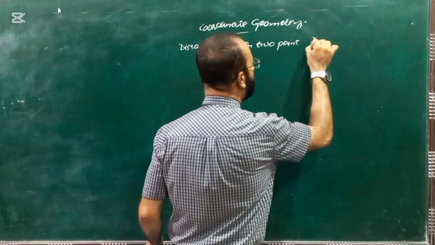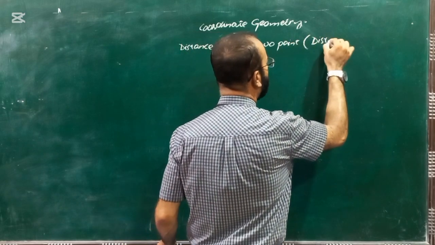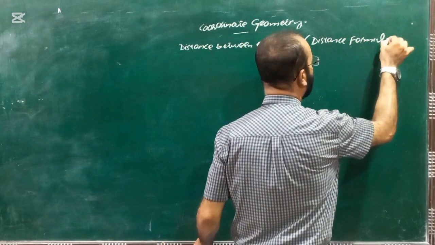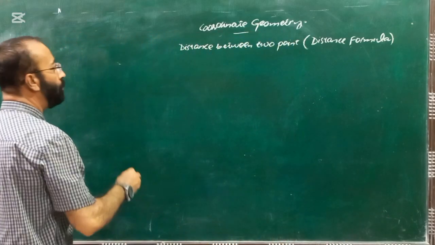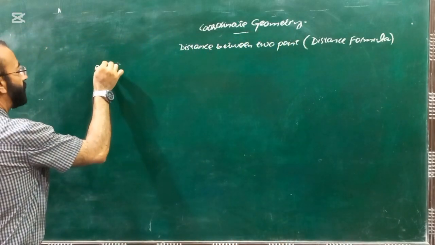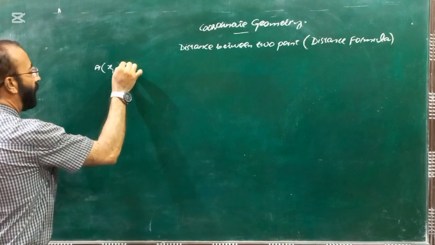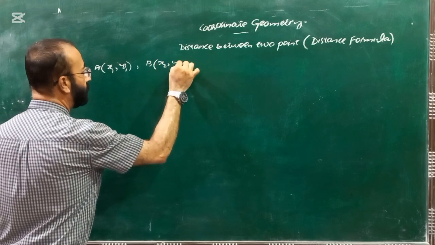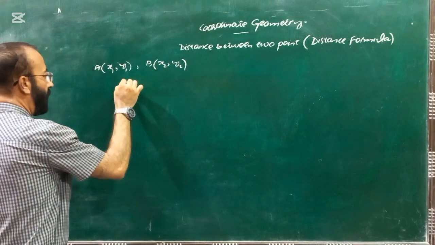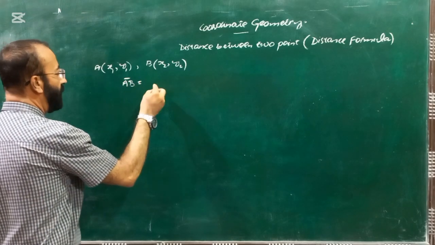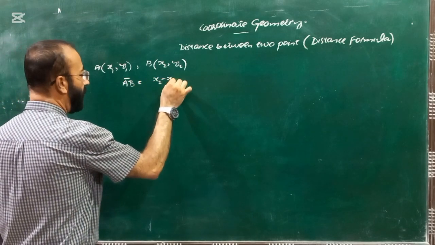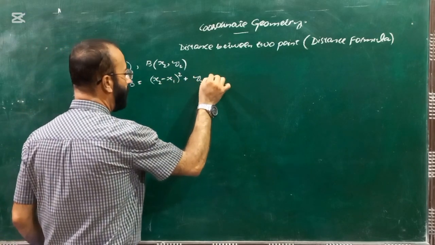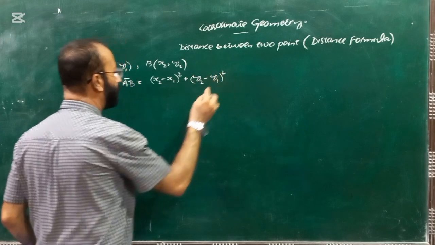This is called the distance formula. So if there are 2 points A and B, and A has coordinates x1, y1, and B has coordinates x2, y2, then the distance between A and B will be equal to the square root of (x2 minus x1) whole square plus (y2 minus y1) whole square.